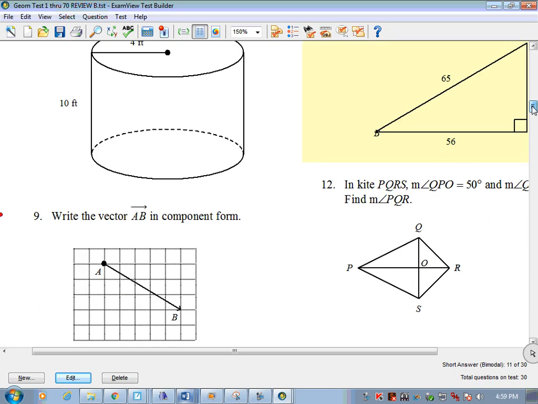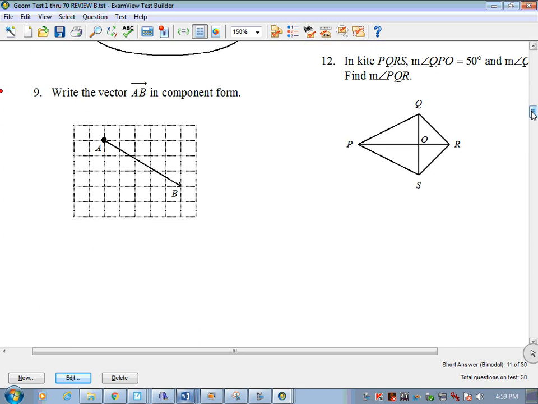All right, let's go on down to number 9. Write the vector of AB in component form. All right, so what we're looking for is this form. Okay, so we're starting from A and we're going to B. I have to do this in order, so I have to do my left and right movement, then my up and down movement. So from A, I'm going right, so I'm using a positive number.